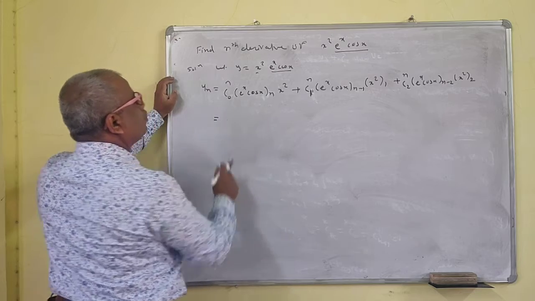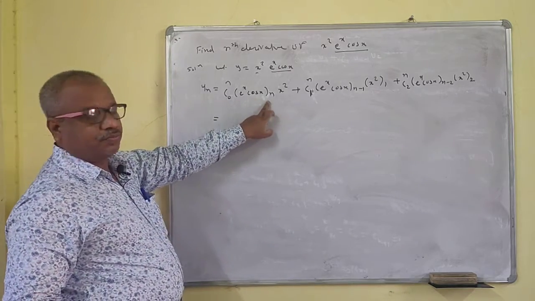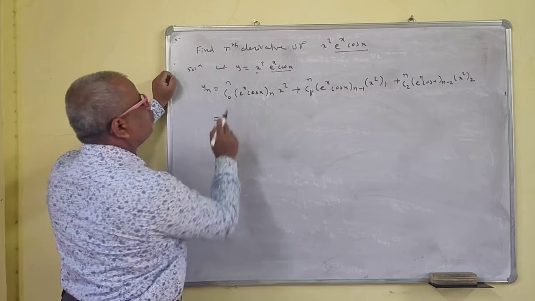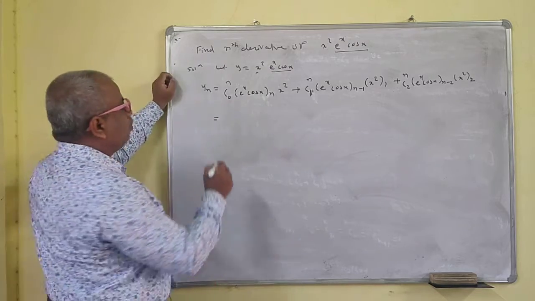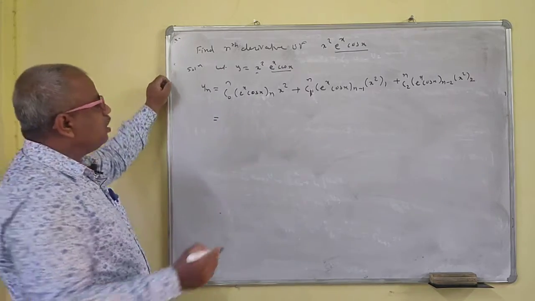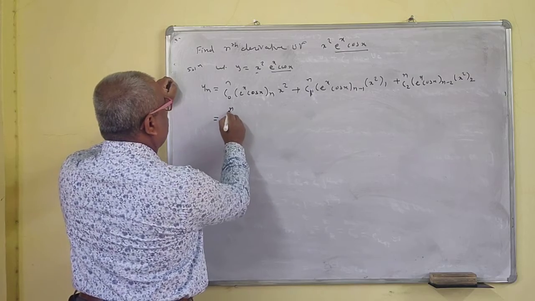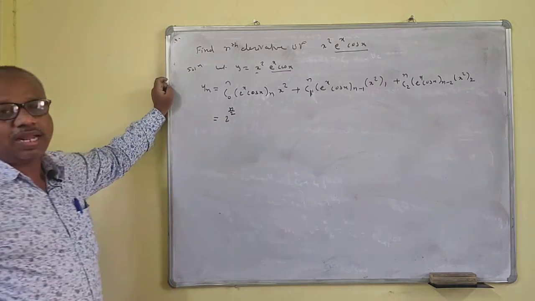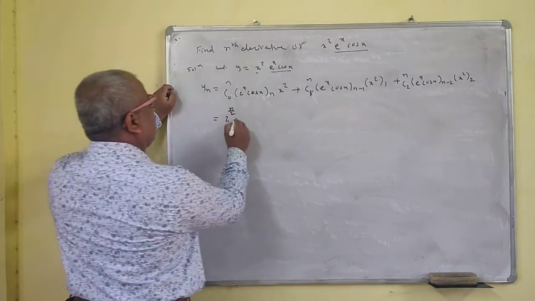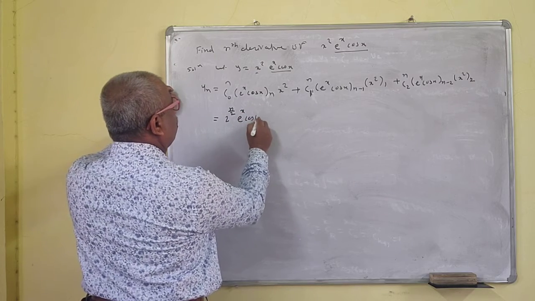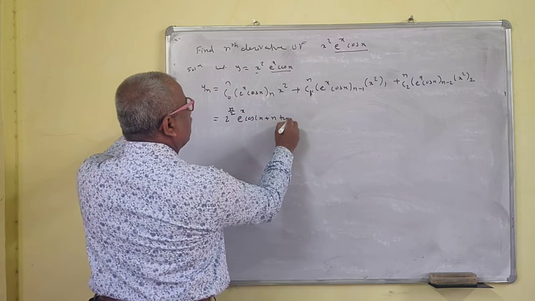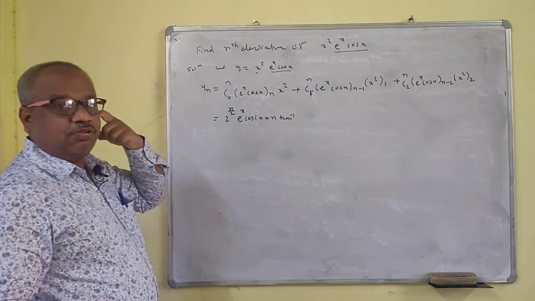So what is the nth derivative of this? Your a is 1 and your b is also 1. Okay. So square root of a square plus b square is root 2. So 2 to the power n by 2, e raised to x as it is, cos of x plus n tan inverse of b by a.